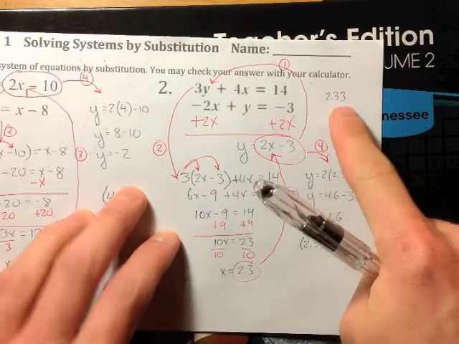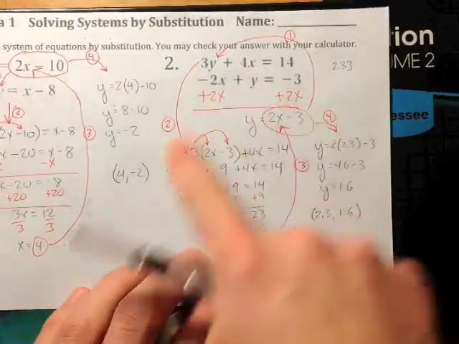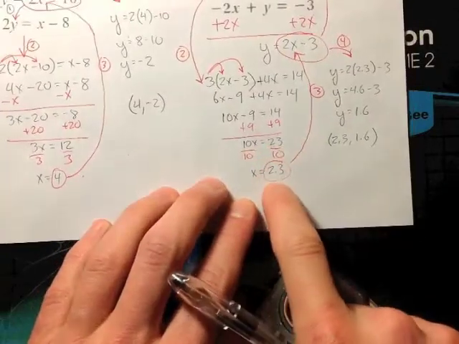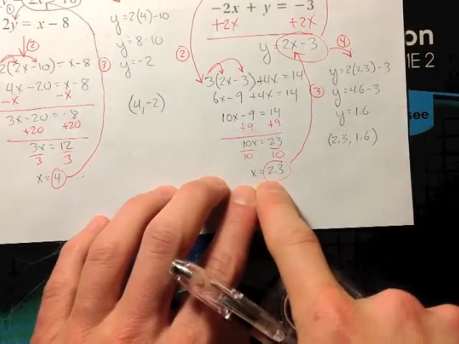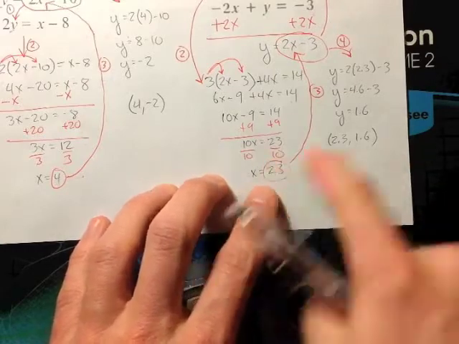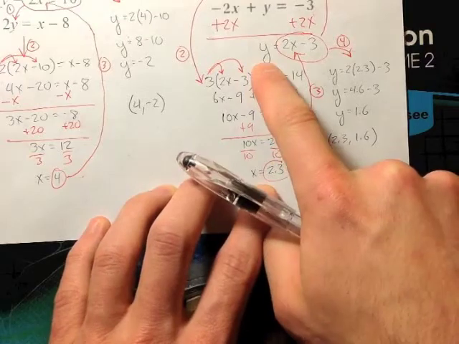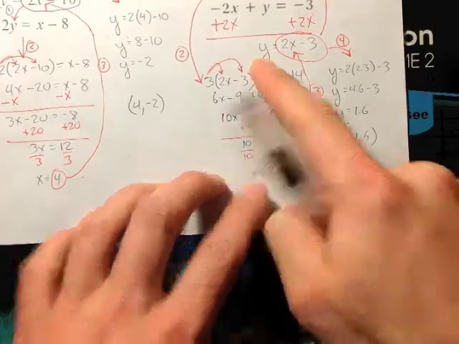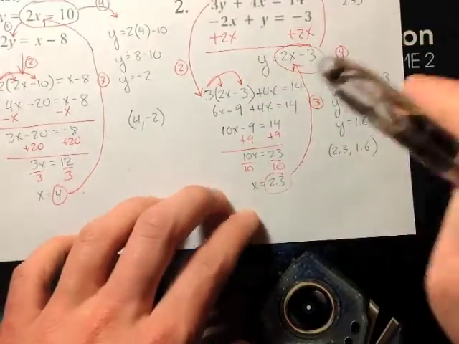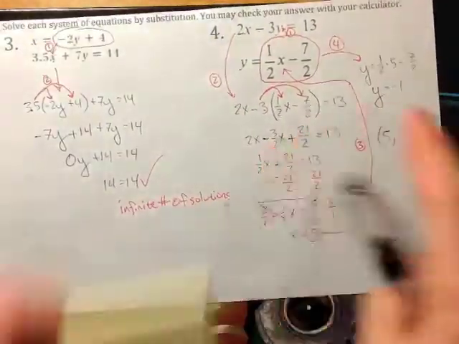The reason is because it has a cascade effect. If you round somewhere up in here, your final answer is not going to be right. It's going to be close, but not quite right. When you plug that number into another equation to get your y, it's going to be even more wrong. So it's a cascade effect. So do not round when you're doing these. Try to keep everything as a fraction.